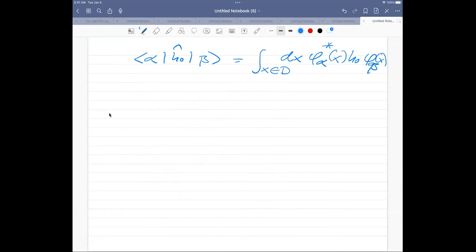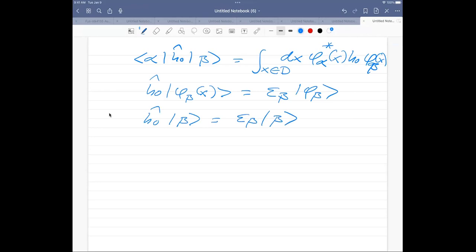We are going to assume that H0 acting on phi beta of x is given by some epsilon beta times this phi beta. And we write this in a more compact way as the state beta, which is a more compact notation which we have been using. So that means that if I calculate this integral between these two states, this has to be equal to delta alpha beta times epsilon alpha.